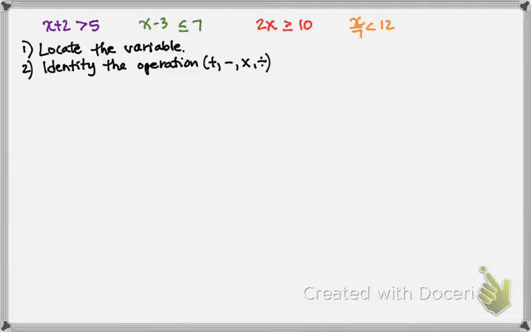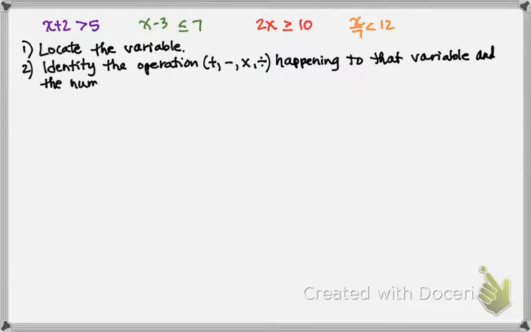That's what I mean by operation happening to that variable. This drives what math we get to do. And the number that the operation is working with.